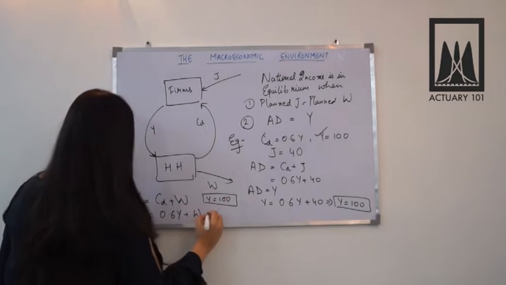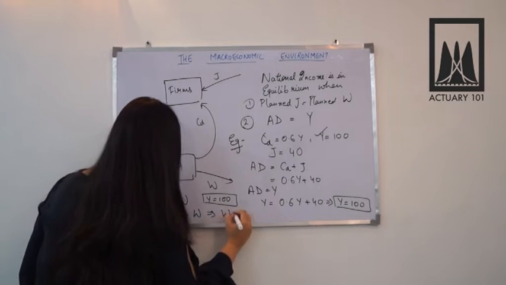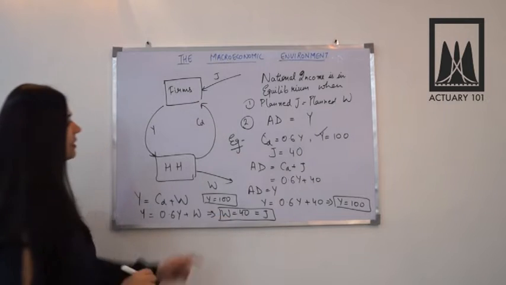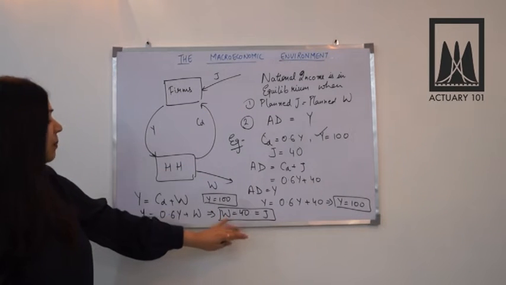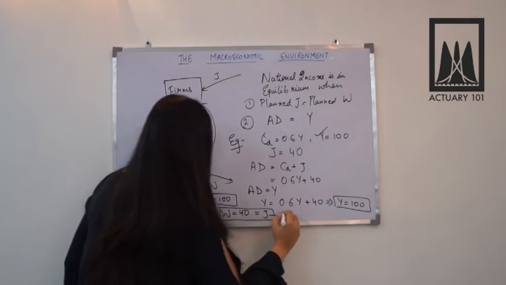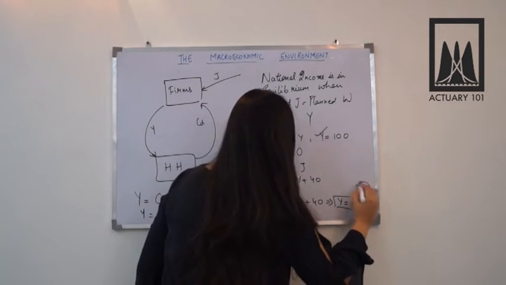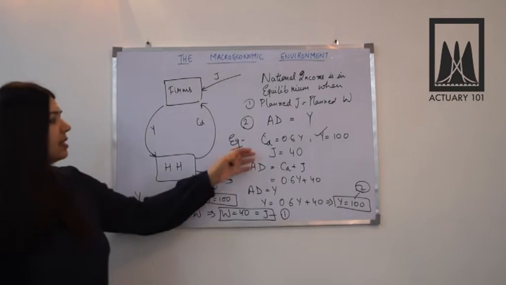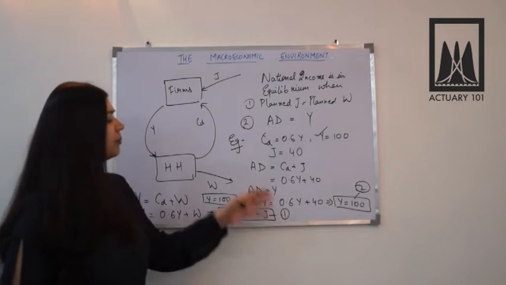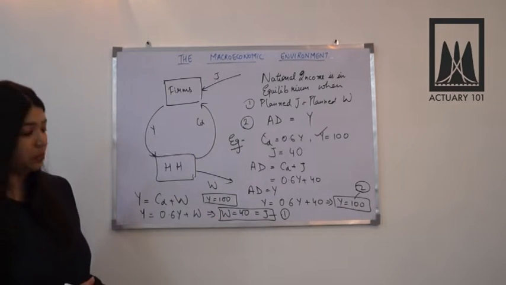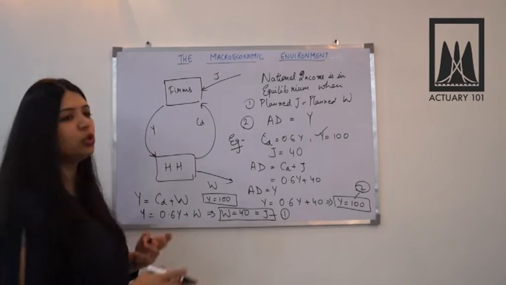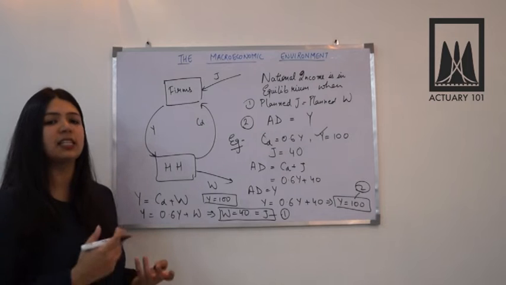If I'm checking at this level, then this gives me W equal to 40, which is equal to J. So I can fulfill the second condition also, that planned injections are equal to planned withdrawals. That is why both conditions are satisfied at this level, and I can say that here my national income is in equilibrium. Let's look at this in a more diagrammatical way using the national income curves and the expenditure curves.